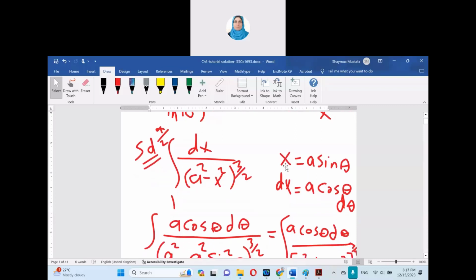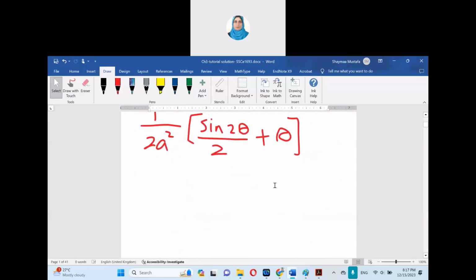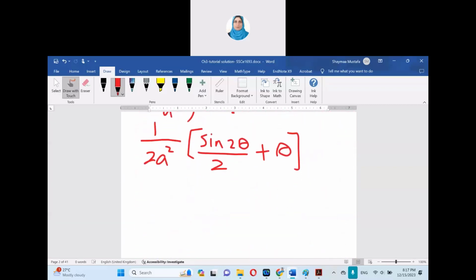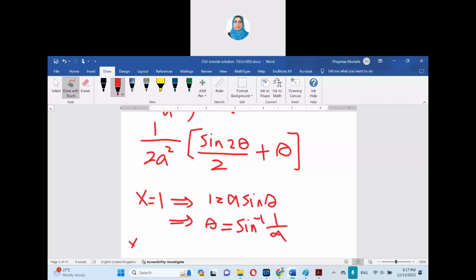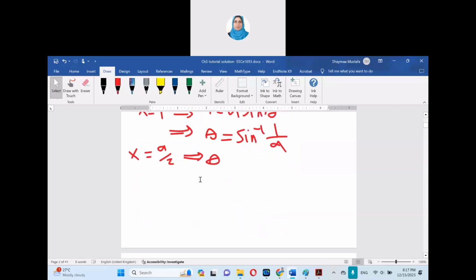When x is equal to 1, then 1 is equal to a sine theta, so theta should be equal to sine inverse 1 over a. And if x equals a over 2, you need to change theta as well, and then substitute. This is the idea for this question.